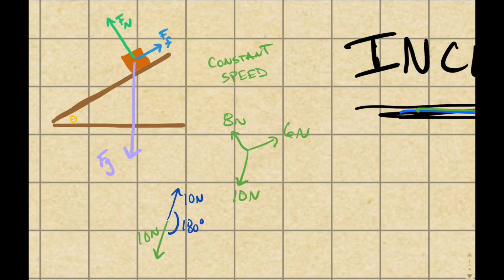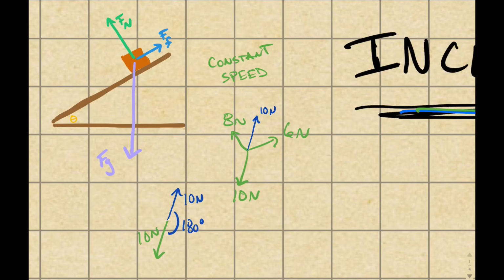That tells us that the resultant of the 8 Newton vector and the 6 Newton vector has to be 10 newtons, exactly opposite of this. Whatever angle these are at, we're not specifying in this case, but we know that the resultant of the 8 and the 6 has to be the same as a 10 Newton vector in the opposite direction.